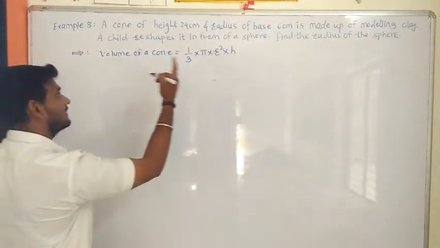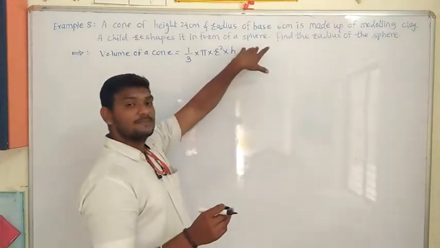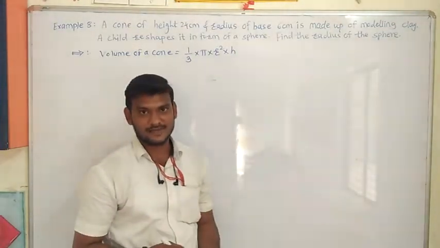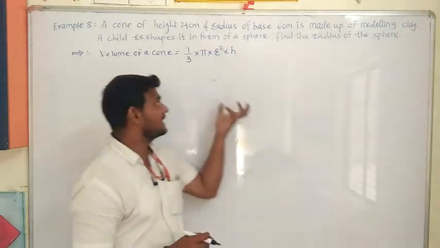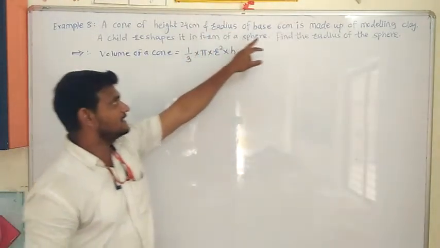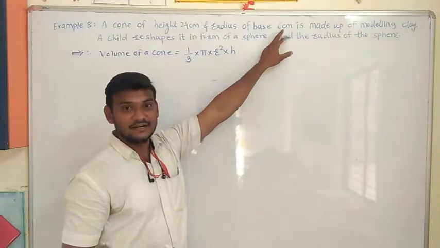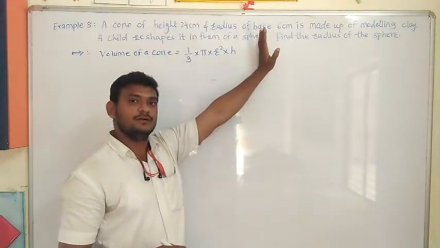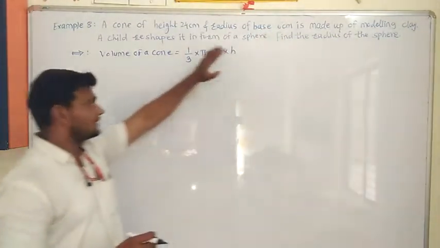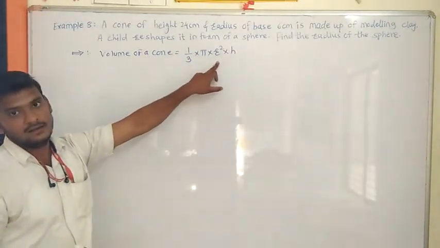Now for the volume of a sphere, we have to assume a radius of the sphere also. Here we have considered the radius of the base of the cone as 6 centimeter, and we have assumed it as r.